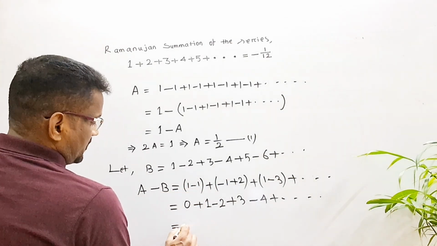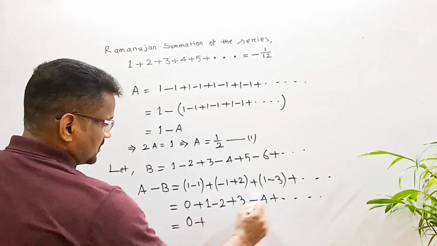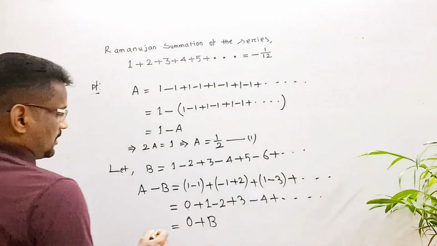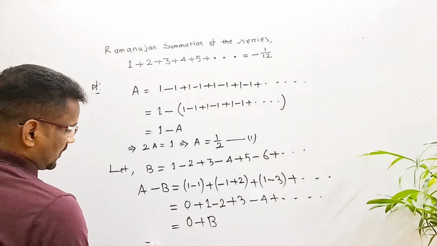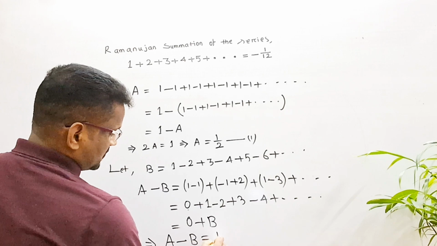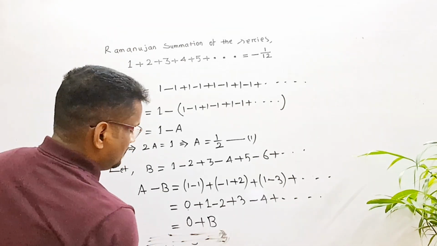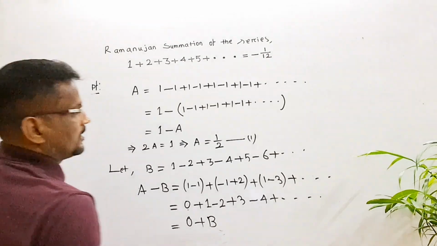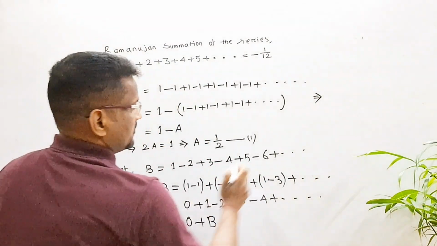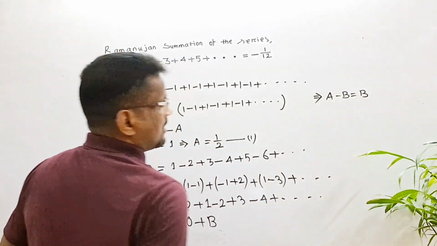So you can write 0 plus, this is nothing but the series B. Therefore, what you have obtained is A minus B equals B. Let me write here. So finally you obtain A minus B equal to B.